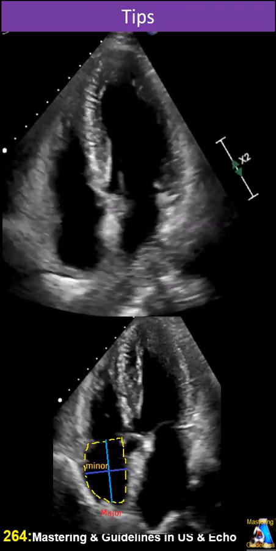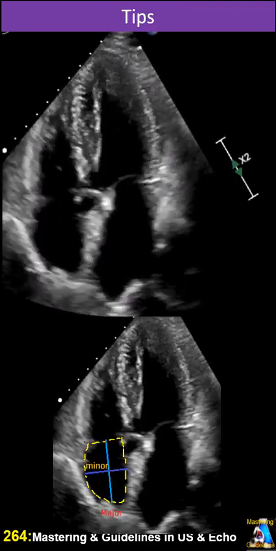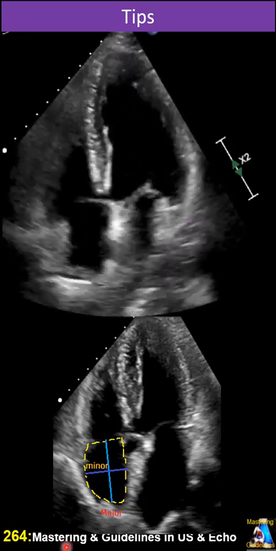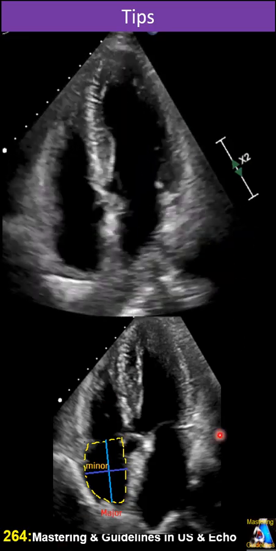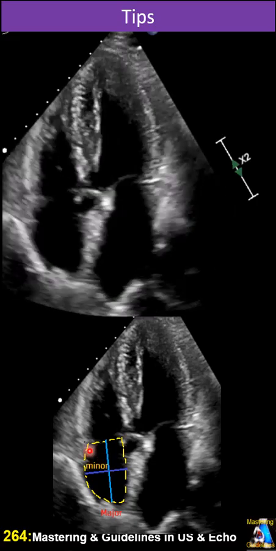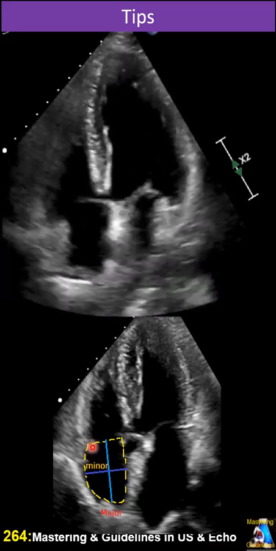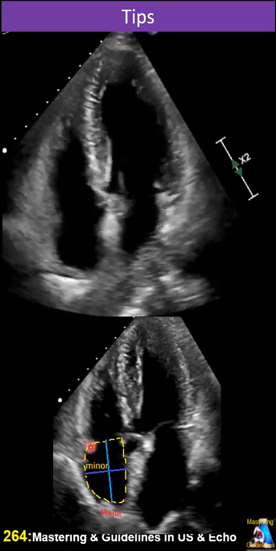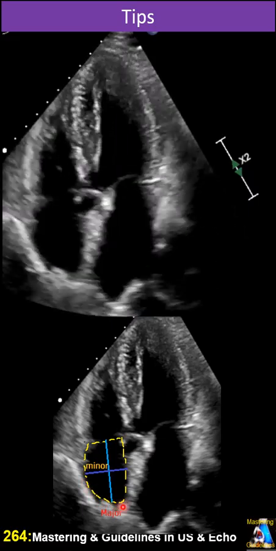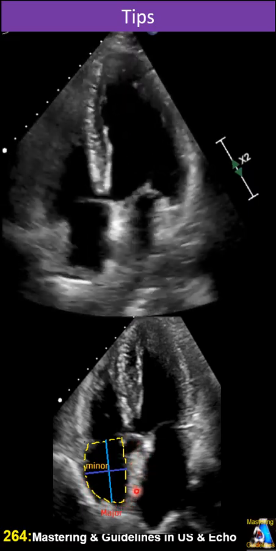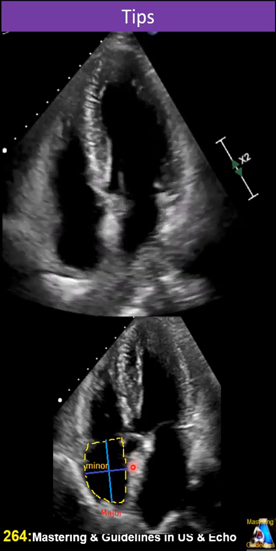For right atrial dimension and measurement, just make sure you have a clear image in the apical 4. Then for area, you go at the hinge of the tricuspid annulus, trace endocardium of the right atrium and finish it to the annulus.